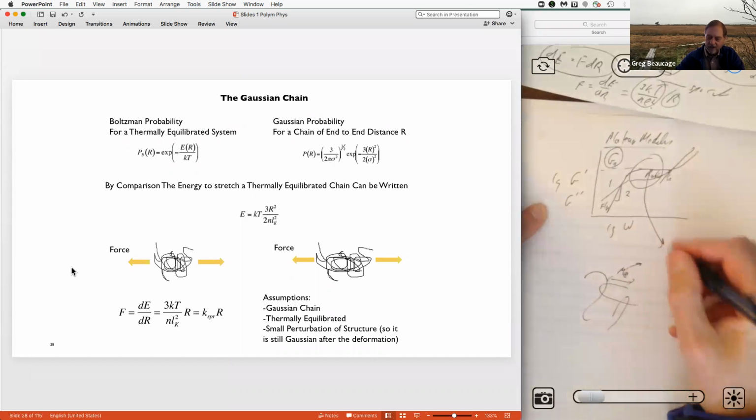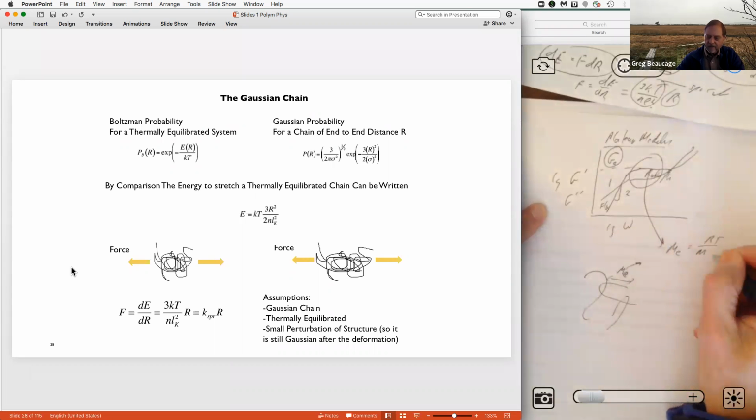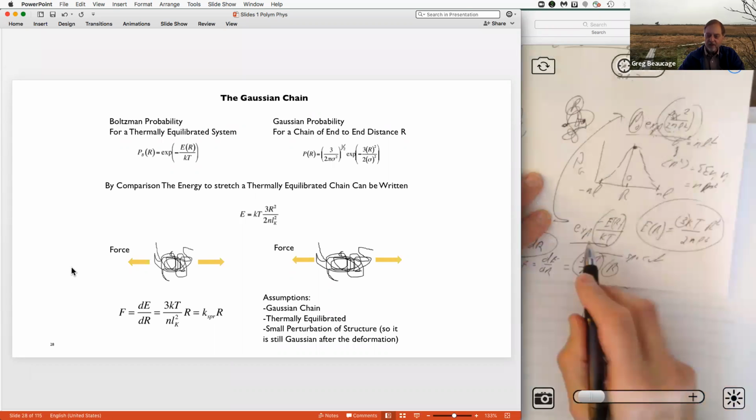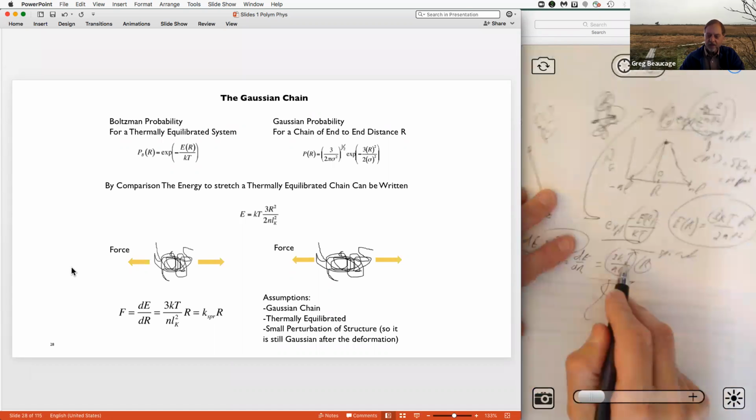We say that ME equals RT over the molecular weight, right, times some constants. So the molecular weight between entanglements is like the same as this force equation, right? So the modulus would be like the spring constant.